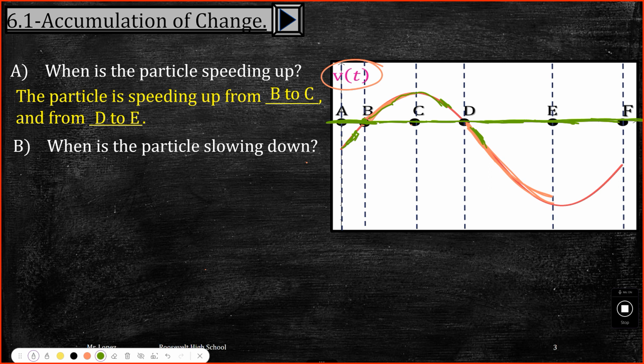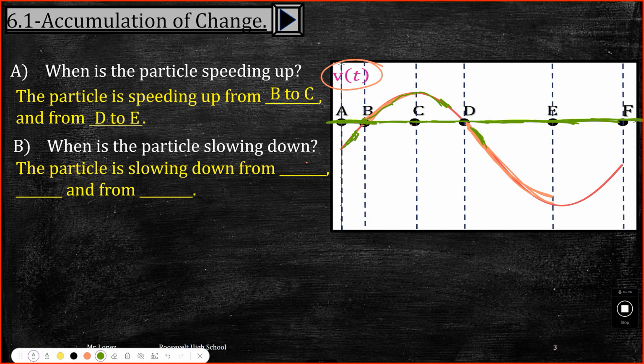From that inflection point going towards the x-axis, isn't it? Another way of looking at it, yes or no? From that point of inflection, going back to the x-axis. This is going towards it, and this is going towards it, and then towards it.